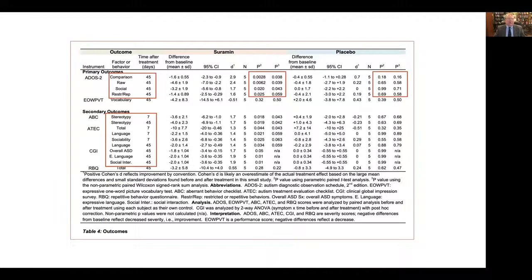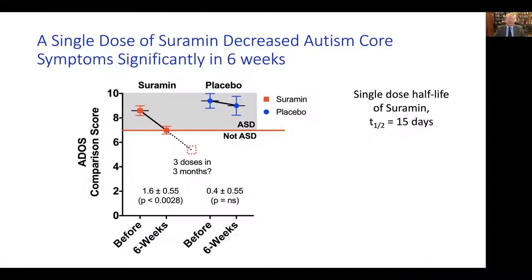And then when we looked at the aberrant behavior checklist and the autism treatment effect checklist, these were also significantly improved in the Suramin group, but not in the placebo.